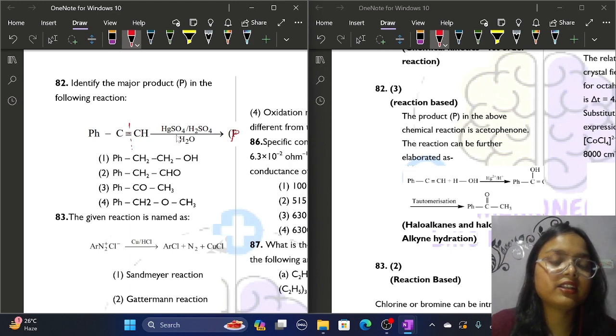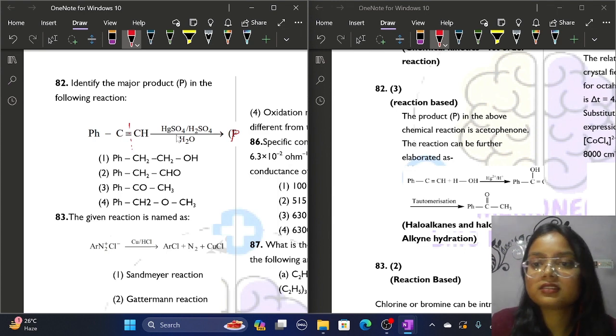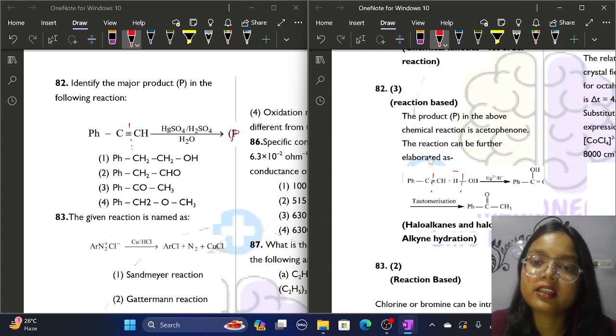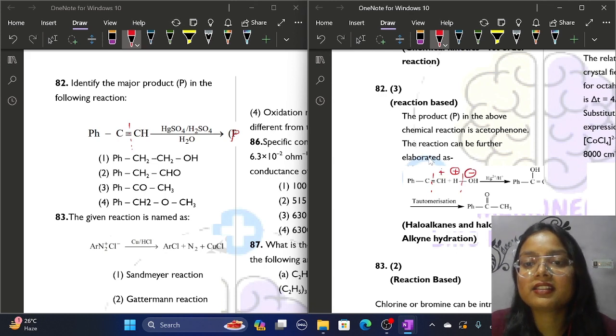Let us consider this a triple bond, and H plus and OH minus, with a positive sign and a negative sign.